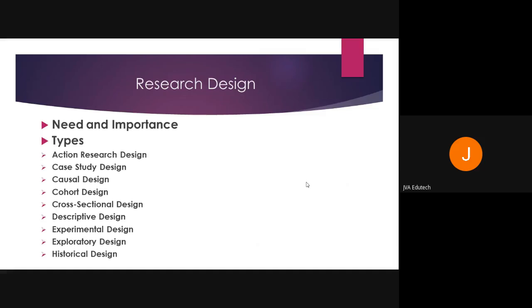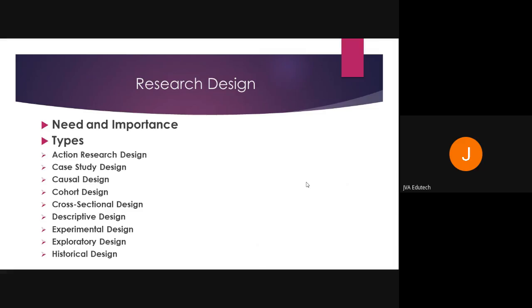So the very first thing that is of great importance whenever you go for writing your research proposal, research article, or even the thesis, or whenever you start your research work, the very first thing is deciding on a research design.